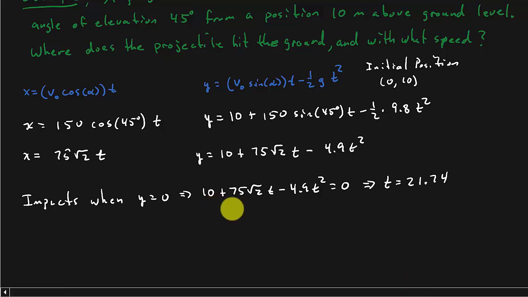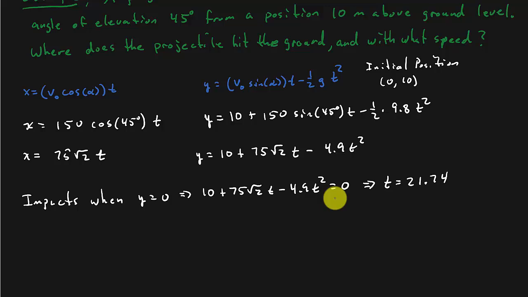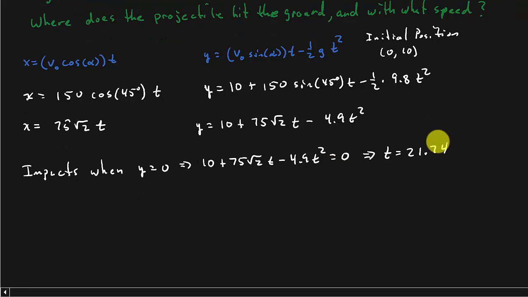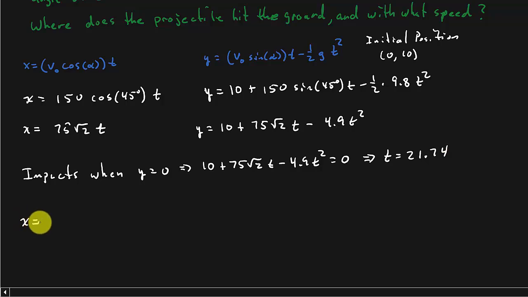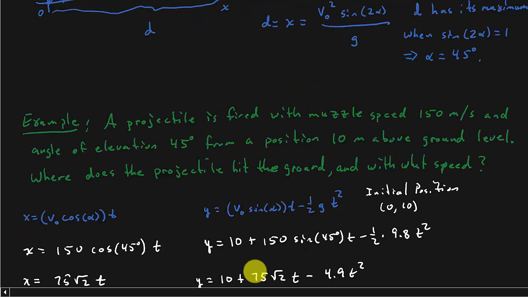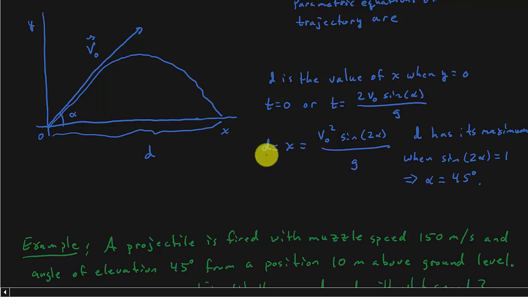So how do we get that answer? Well, obviously, the quadratic formula. If you're in this class at this point, you should know how to do the quadratic formula. I'm not going to go over it. Now we can find x, that's our distance. It says d is equal to x.